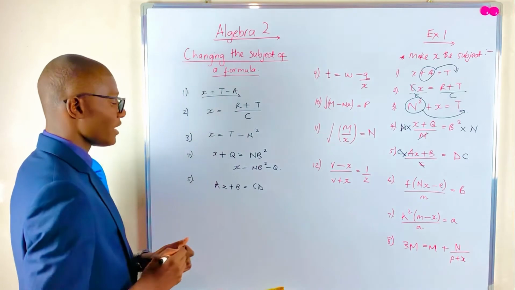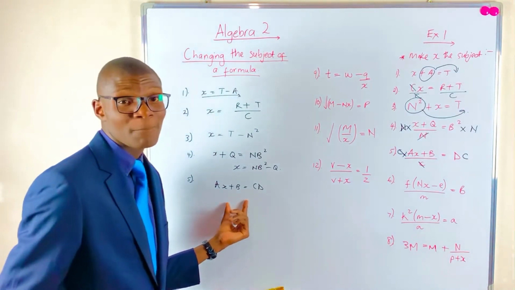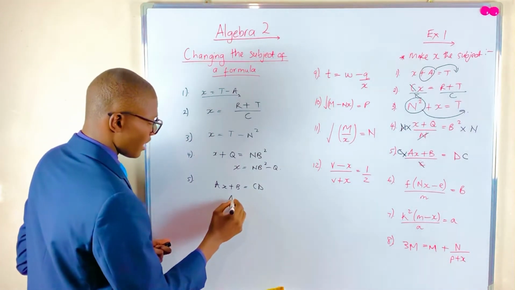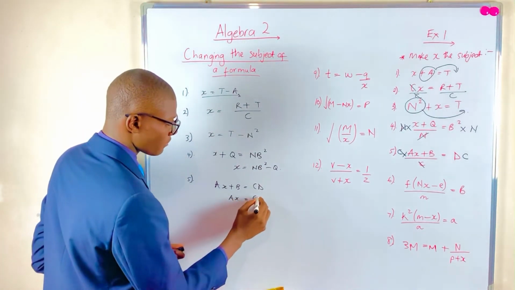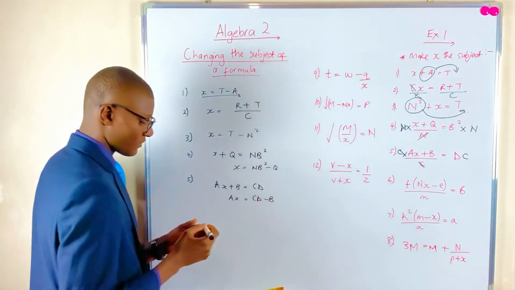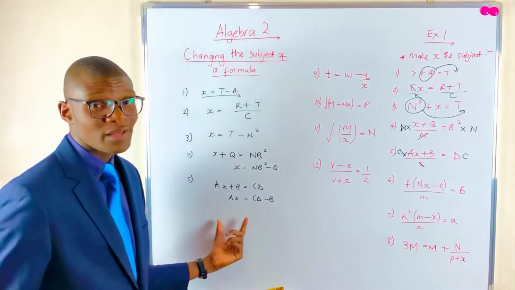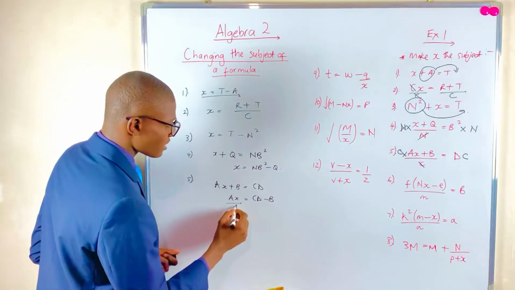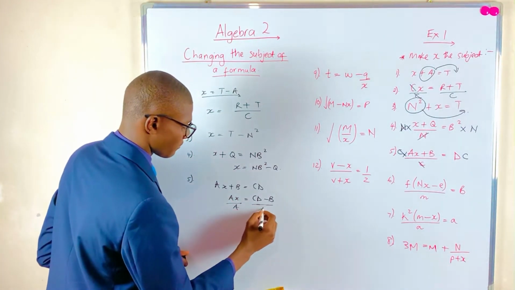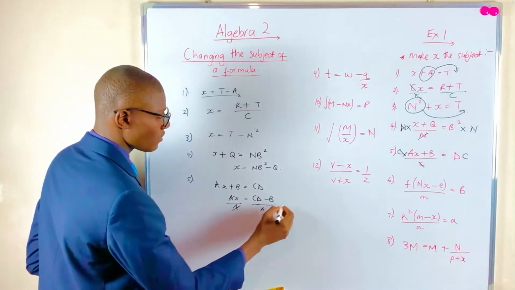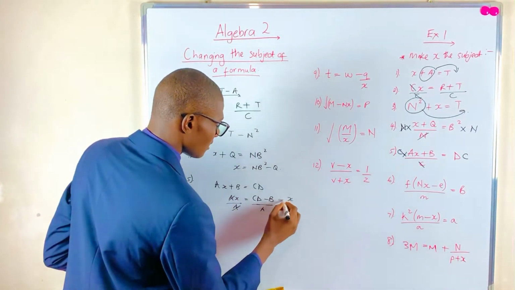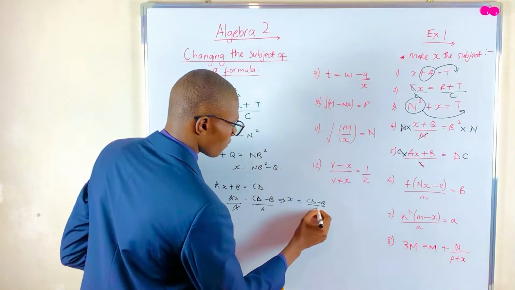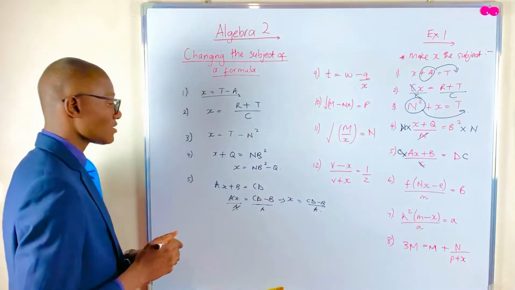The next step would be to get rid of this b, so we move it from the left hand side to the right hand side, and we've got ax being equal to cd minus b. Now getting rid of this a that is multiplying x, we divide both sides by a. This a and this a cancel, such that x would be equal to cd minus b over a. This is for number 5.